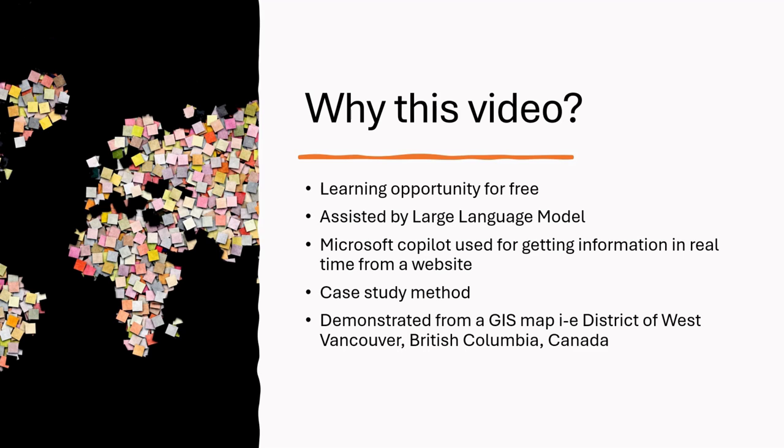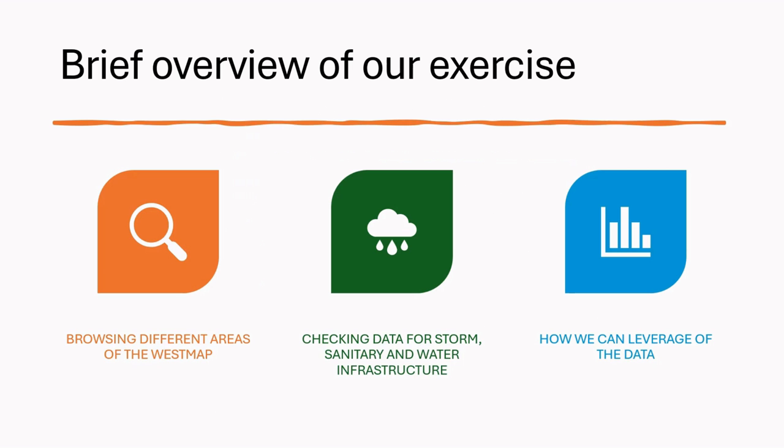We will use the case study method. We will be using the District of West Vancouver GIS map, which is located in British Columbia, Canada. So, a brief view of our exercise. This exercise will be taken by browsing different areas of the web map.